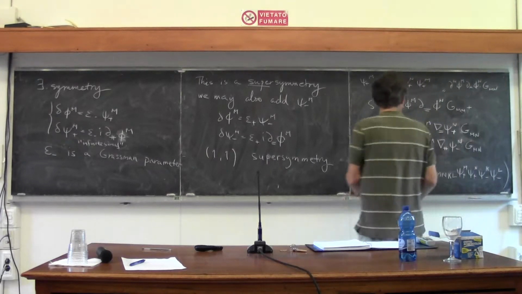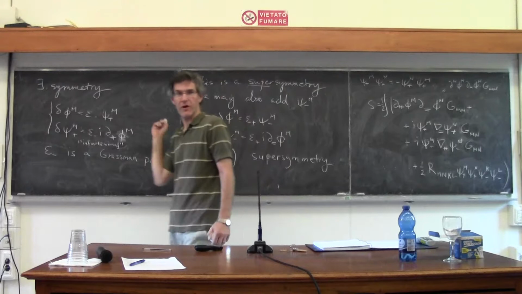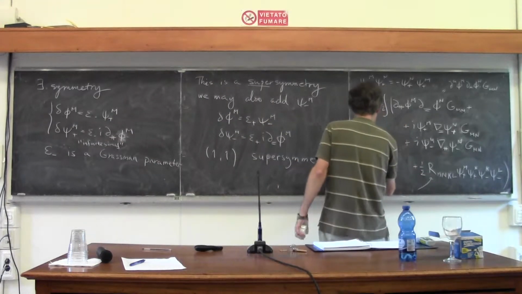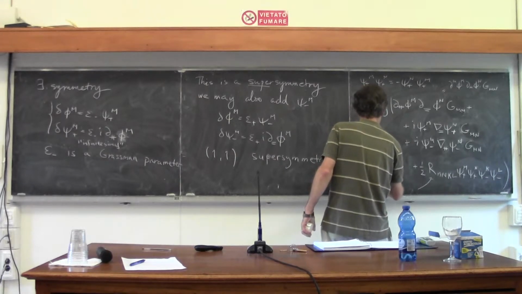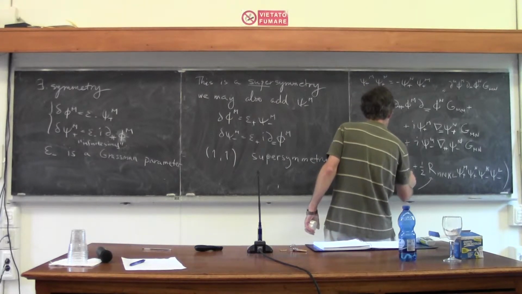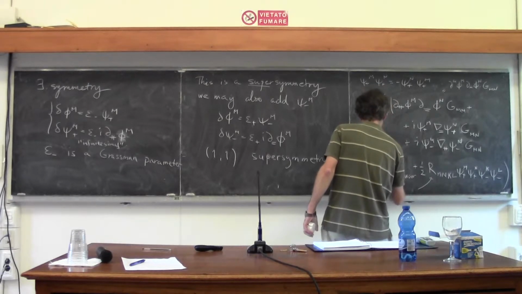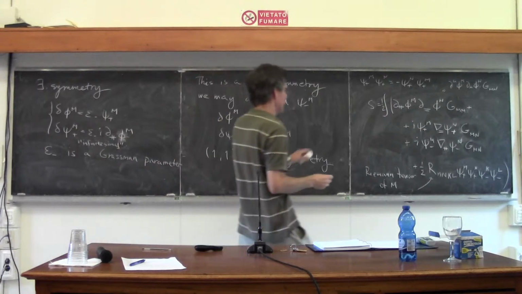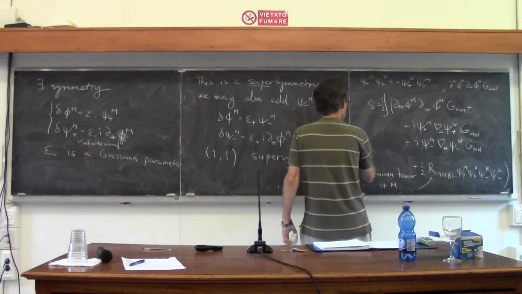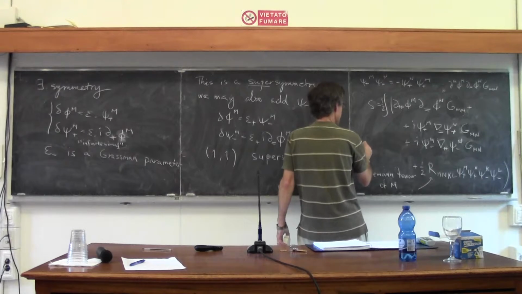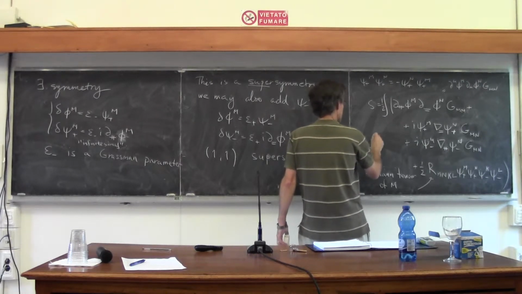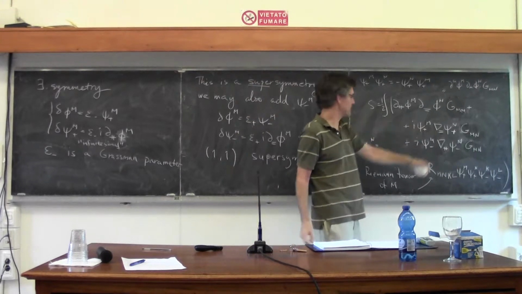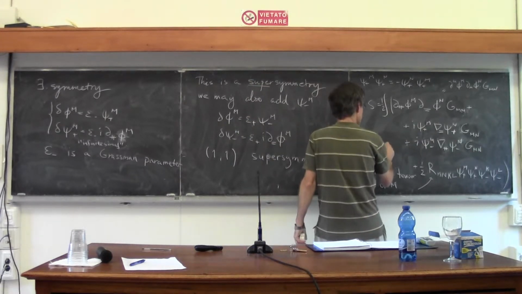So here, R is the Riemann tensor of the manifold M. And let's say, for instance, this derivative was replaced by a covariant derivative.